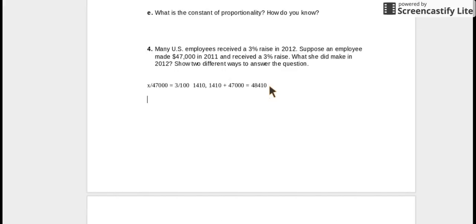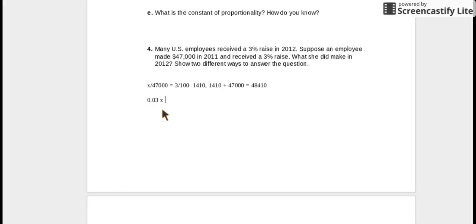Another way to solve this problem is converting a percent to a decimal and then multiplying that by what they were making. So 3%, if we see in this proportion, we have a 3 over 100. So if we convert the percent to a decimal, all we're doing is 3 divided by 100, which gives us 3 hundredths. 3 over 100 is equal to 3 hundredths.